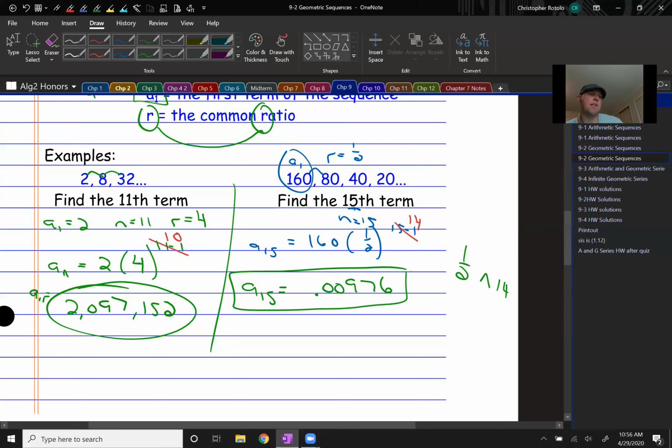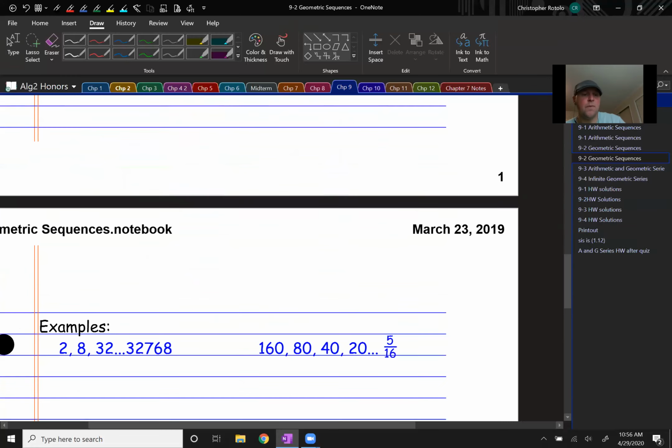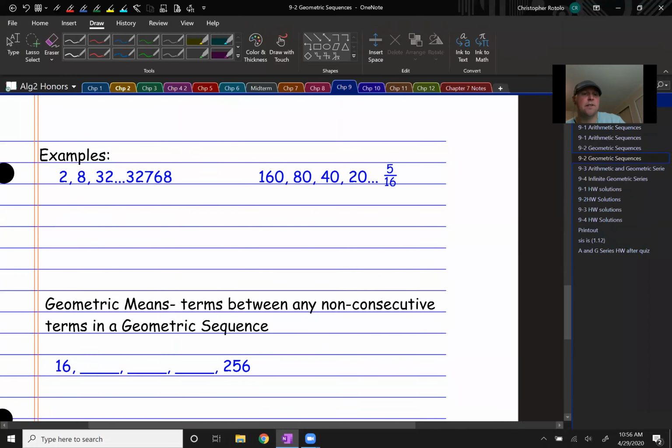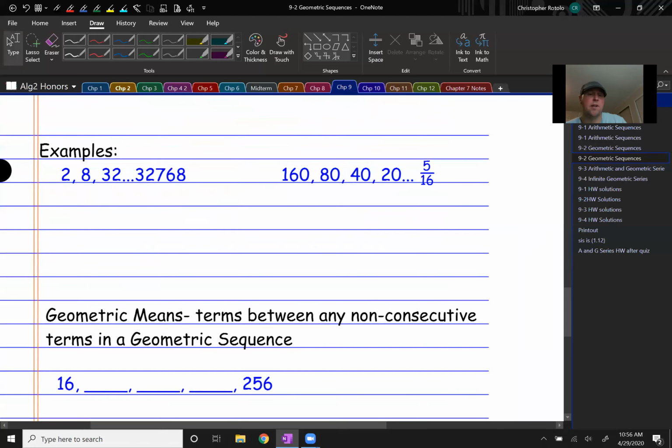So that was the first task we had, and we're going to do our best to keep that up. Next thing we have is, all right, so I have a geometric sequence. I just don't know what term number this is, but I know its value. So I'm going to use the formula and find out what n is. So we're going to set it up a little bit backwards. 32,768 equals the very first term, which is 2.